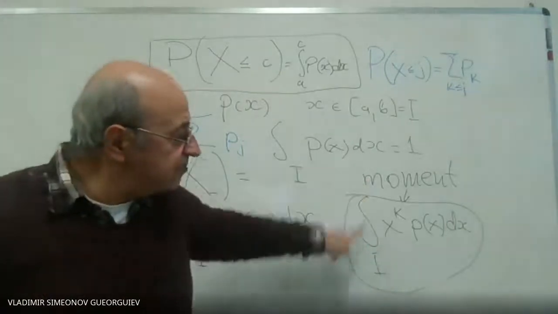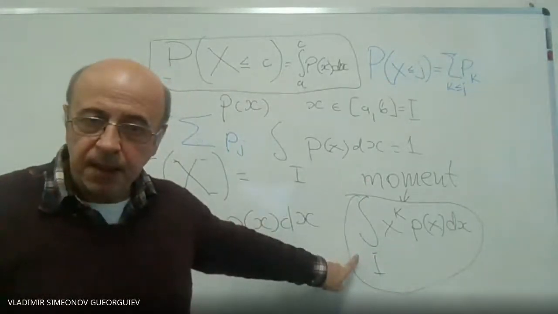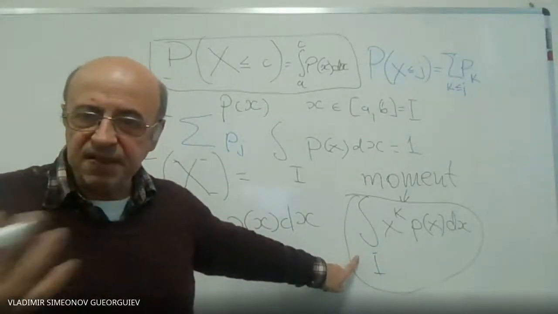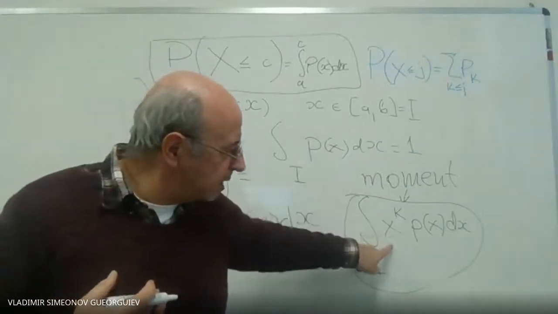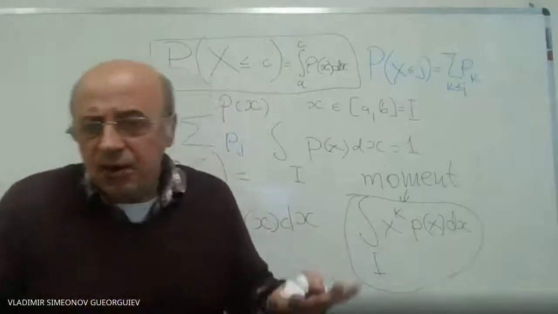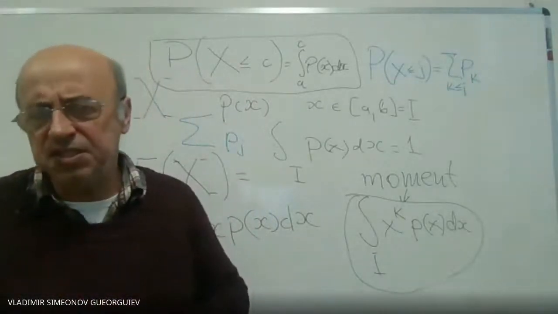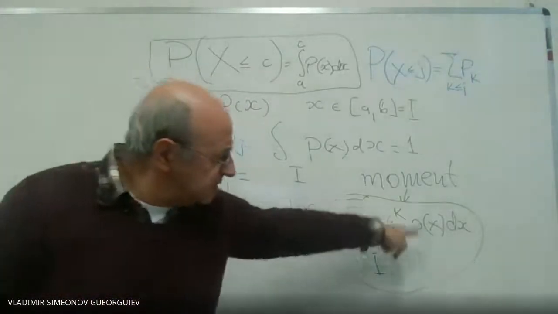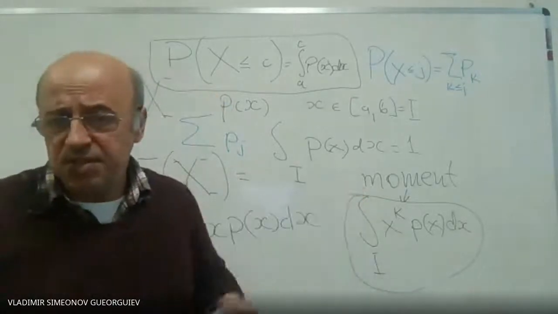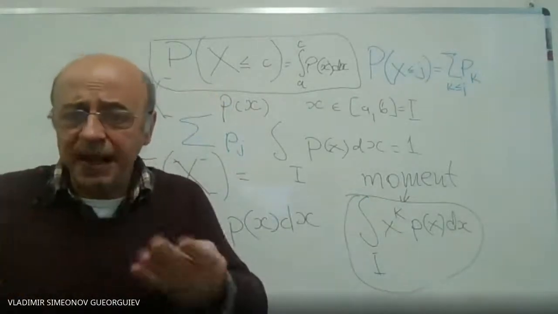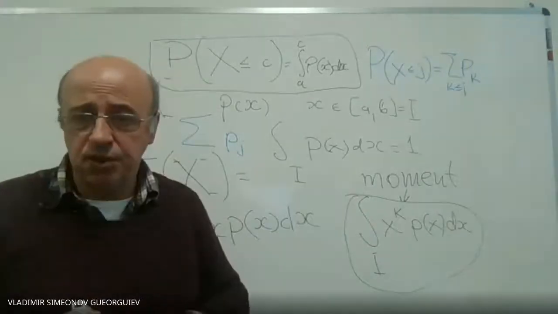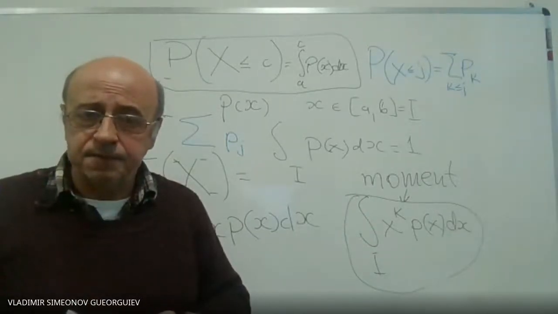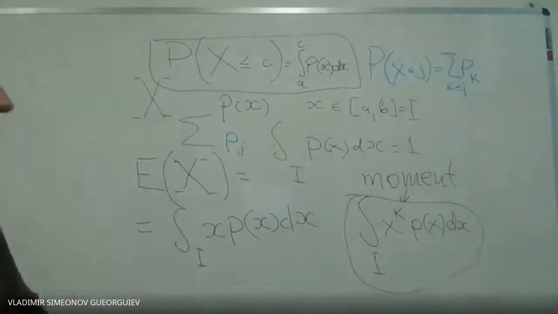This is simply a definition. We say moment to understand that this moment means the integral of x to the power kappa p(x) dx. Only a definition. Usually physicists call this type of integral moments. That's why, to have a common language with colleagues from other branches, I introduce this notion. Thank you. Okay, you're welcome.